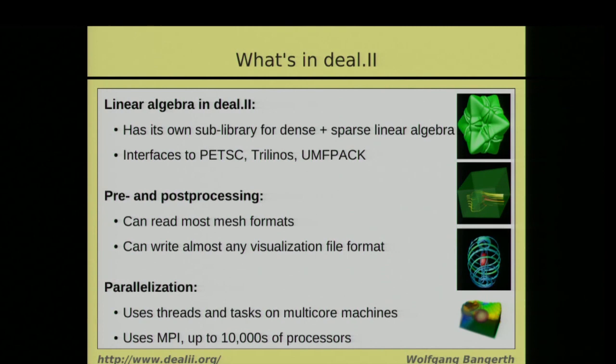Then deal.II supports parallelization. On a single machine, let's say my laptop here, we can use threads and tasks. If you have a cluster with many thousands or tens of thousands of processors, we do this via MPI. And we have done computations on tens of thousands of processors. So you can scale this to fairly large problem sizes.